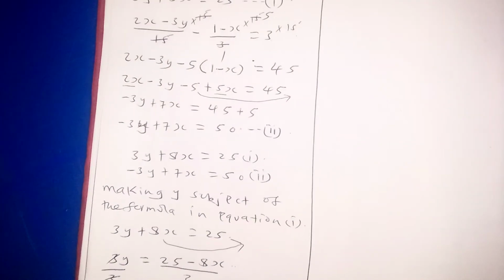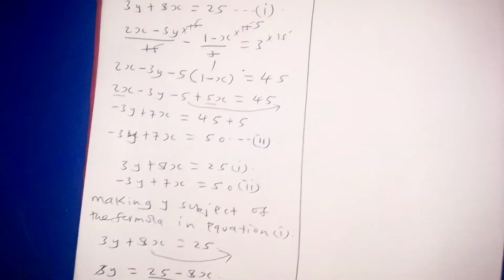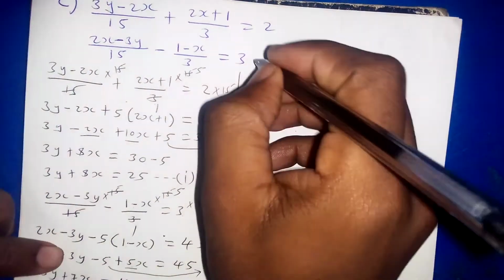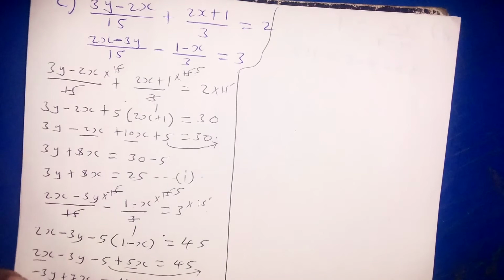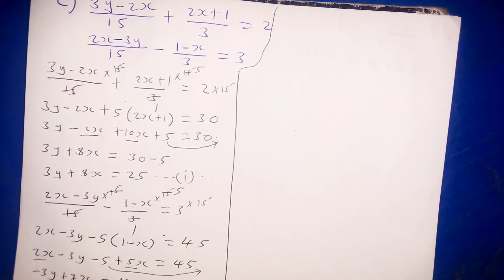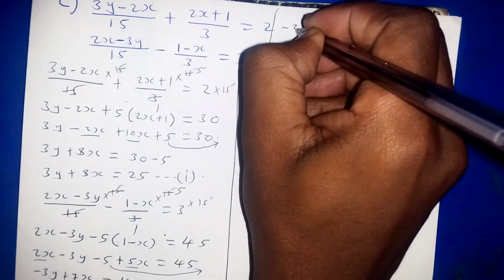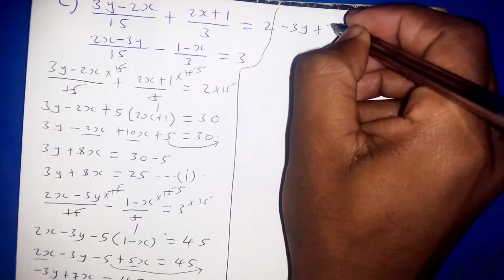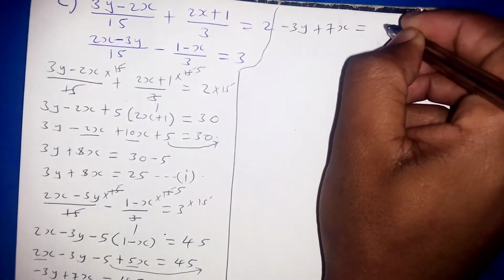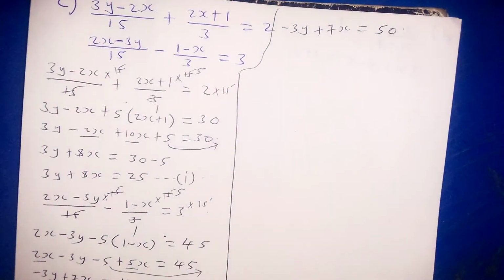So let me just rewrite my equation Roman 2. My equation Roman 2 was negative 3y plus 7x is equal to 50.